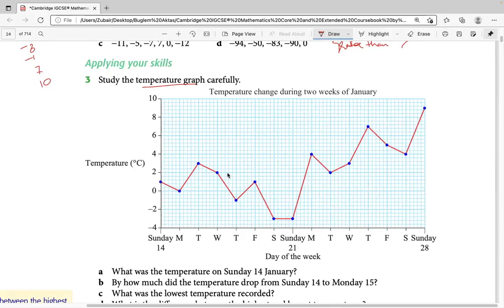It is falling and it is rising. In comparison, if I had a few scattered points like this, I would say generally it is increasing. And if I had to draw a line of best fit, this is what I would do.